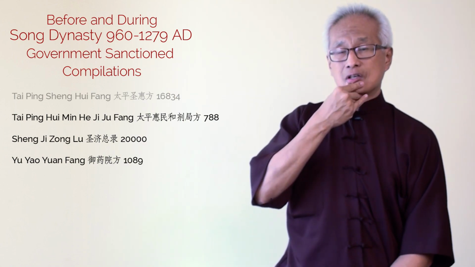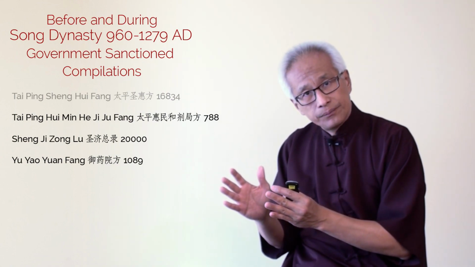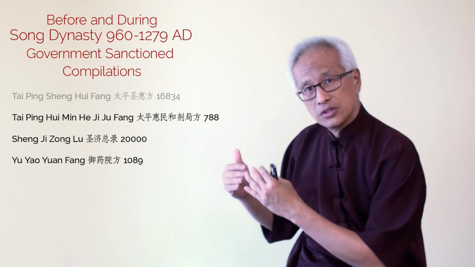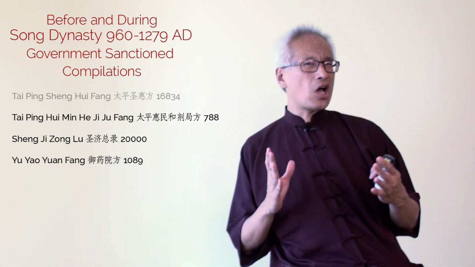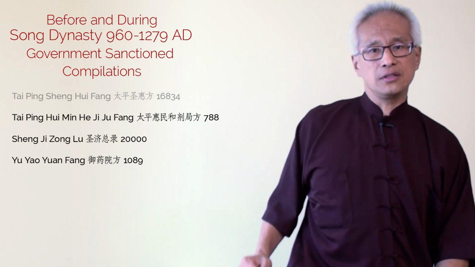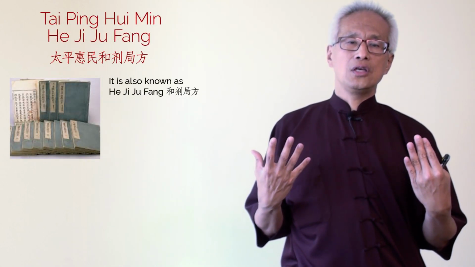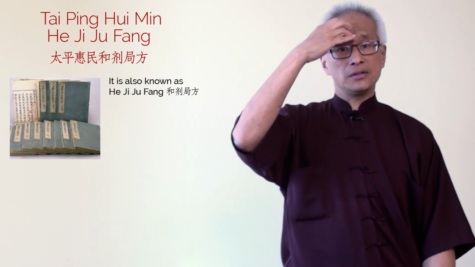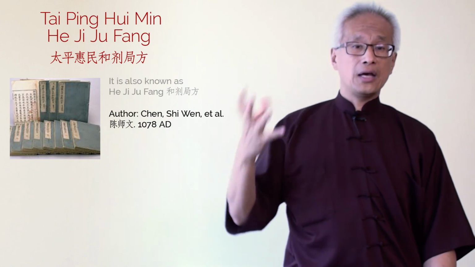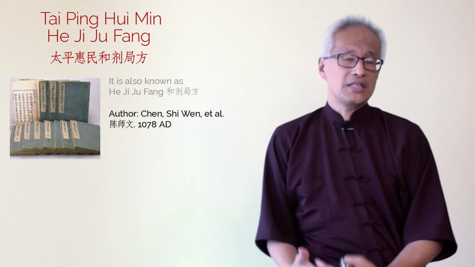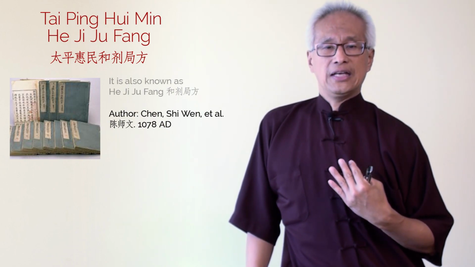So you can see that as time goes on, the collection of formulas increases. It got to a point where it's kind of hard to study, which we'll discuss in a moment. Now, Taiping Huiming He Ji Ji Fang is also known as He Ji Fang. The author was Chen Si-wen et al., and it was written in about 1078 AD.